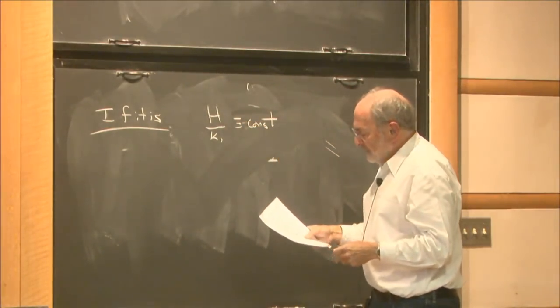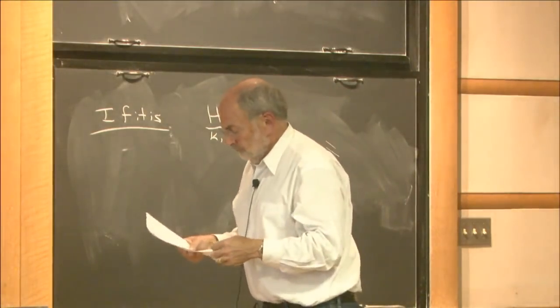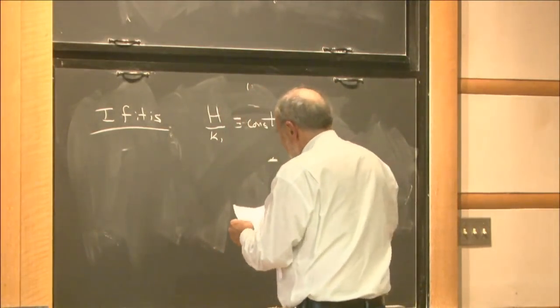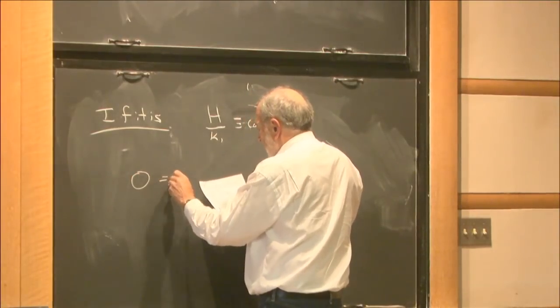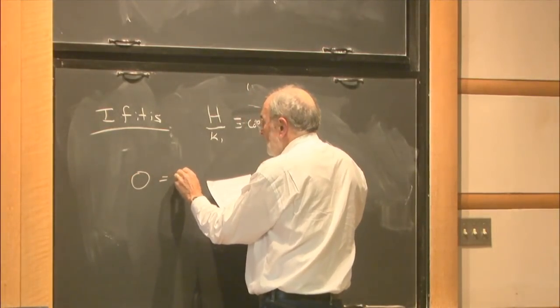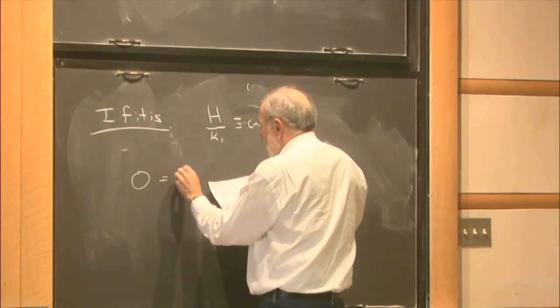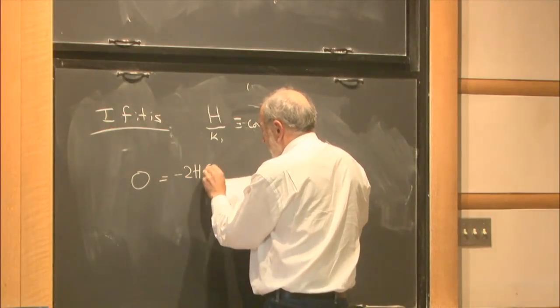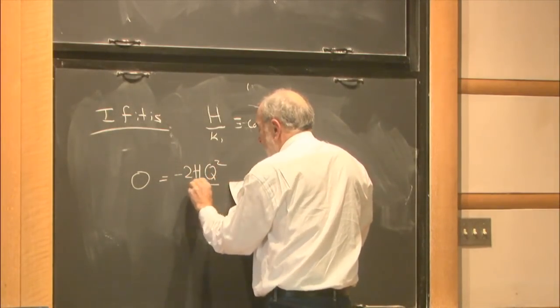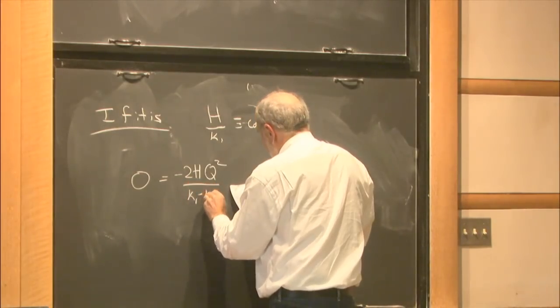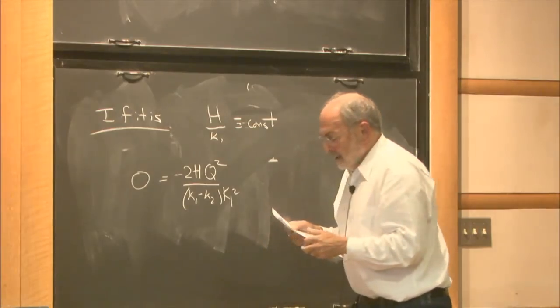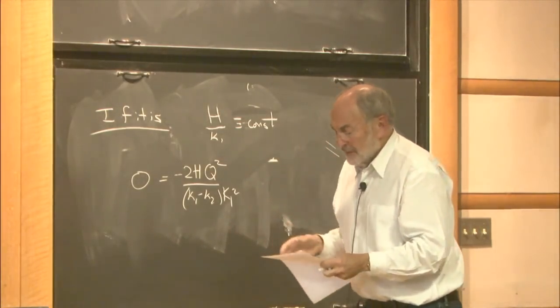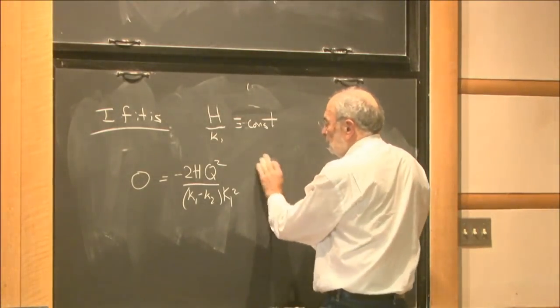So if I look at that equation, I'm going to get 0, that's the drift Laplacian, equals minus 2h q squared over K1 minus K2 K1 squared. Well, it's constant, so this is 0.